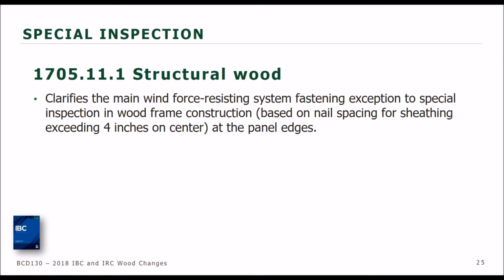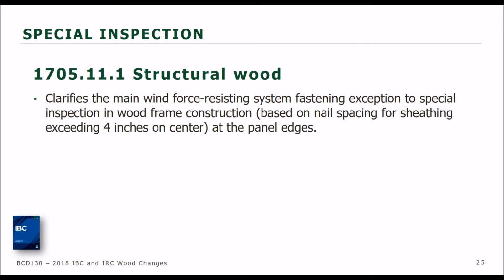Okay, now we're also in the same section, chapter 17, related specifically to special inspection of wood construction. So periodic special inspection is required for nailing, bolting, anchoring of fasteners, etc., of the main wind force resisting systems.